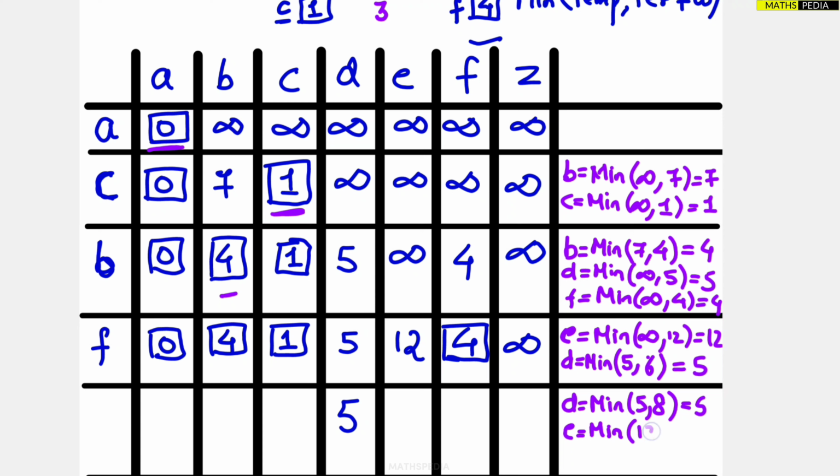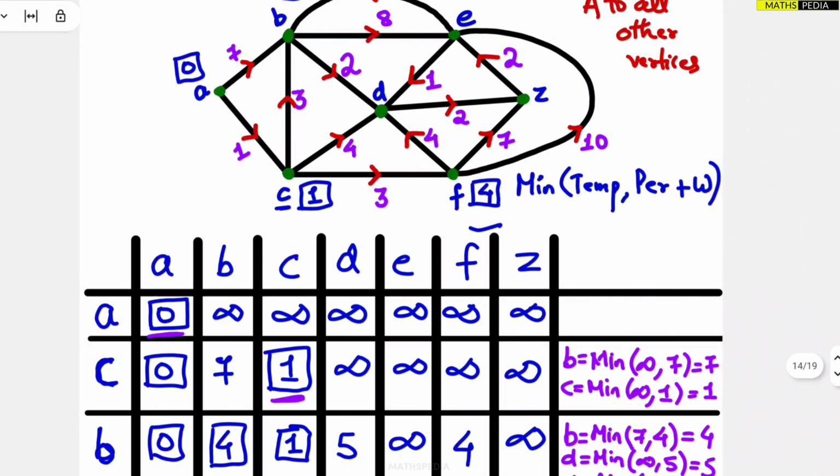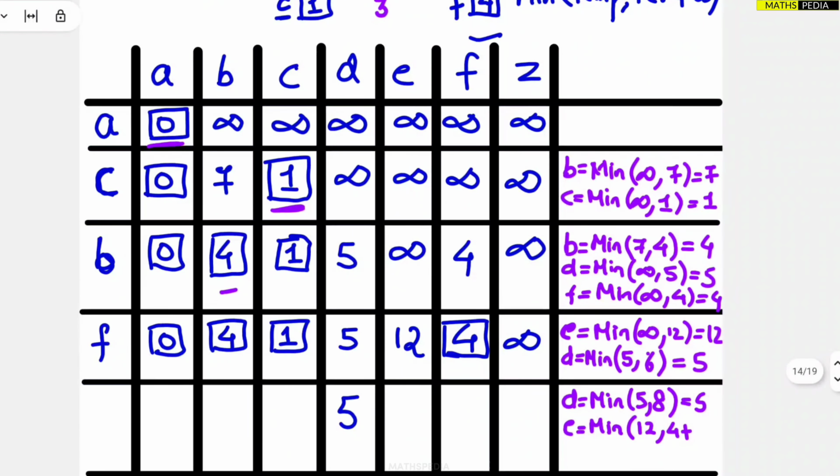So I am going to write here 12, comma, permanent label of not E, permanent label of the previous step, that is F. What is the value? 4 plus, now what is the weight of the edge between F and E? It is 10. So I have to write here 10. This becomes 12 and 14. So I can just directly write 14 over here. 12 and 14, what is the minimum value? 12. Just write over here 12. So E has got 12 as the answer.